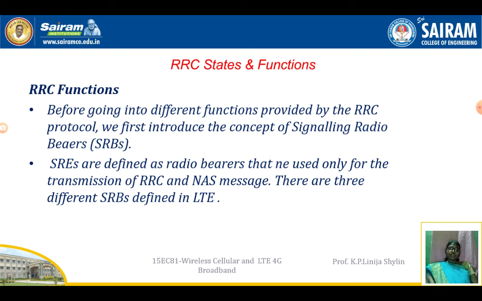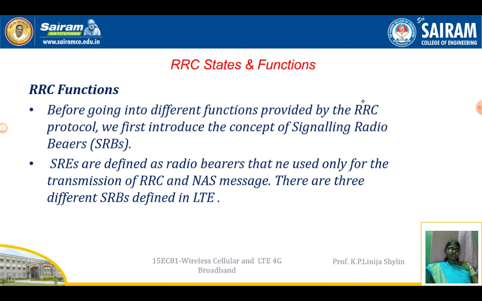Coming to SRB2, here NAS messages are used on the dedicated control channel, and this has low priority compared with SRB1. Before entering into the basic functions, we wanted to know about signaling radio bearers. The transmission of RRC and NAS messages is called signaling radio bearers.